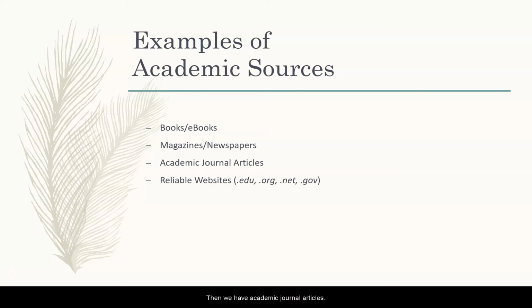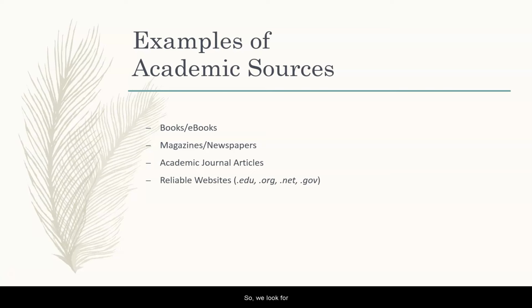Then we have academic journal articles, and then we try to stick to certain kinds of reliable websites when we're searching online, because this is the most common way to find sources in modern times.